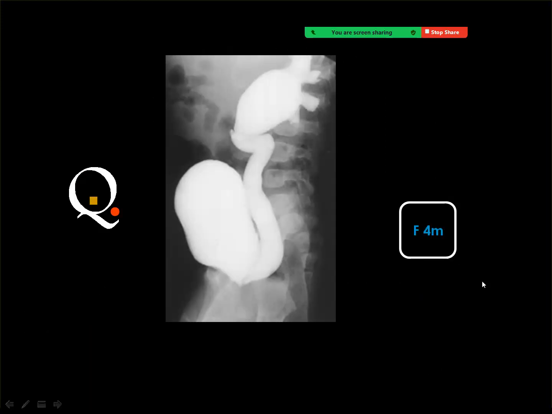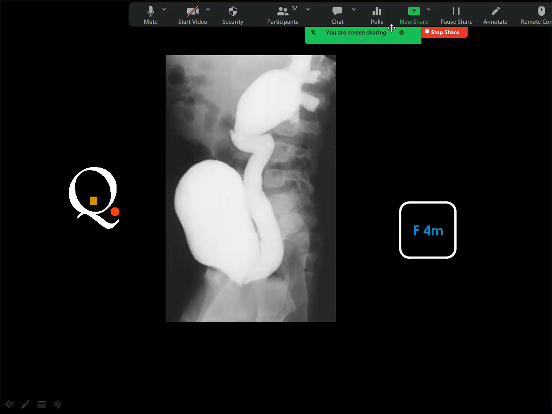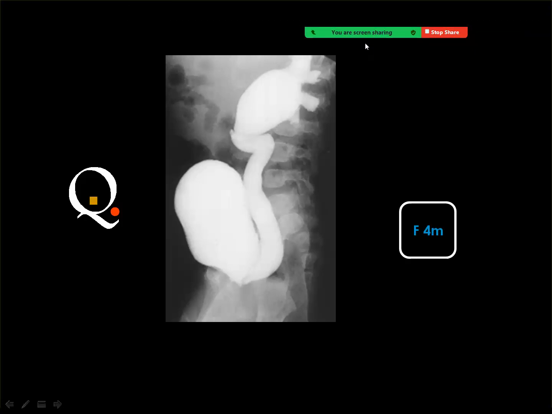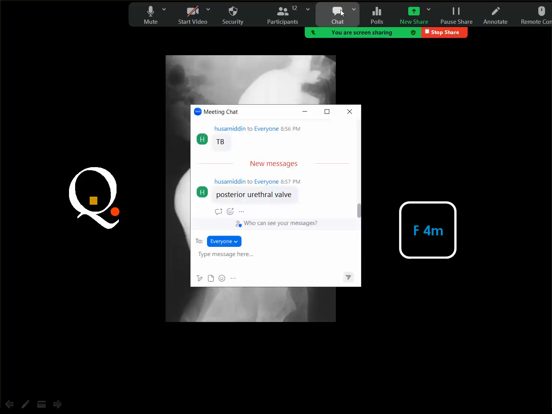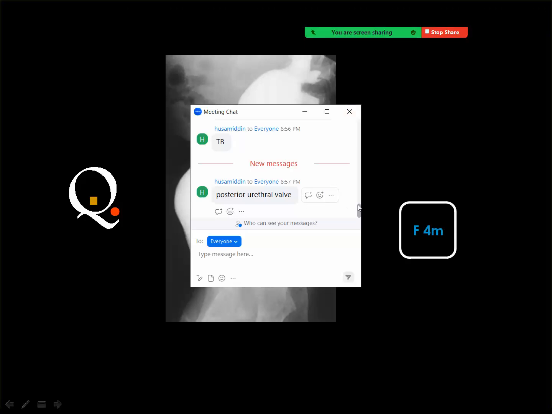Next case is a female infant, 4 months old, with an ascending cystourethrography. This is female, and posterior urethral valve does not occur in females.